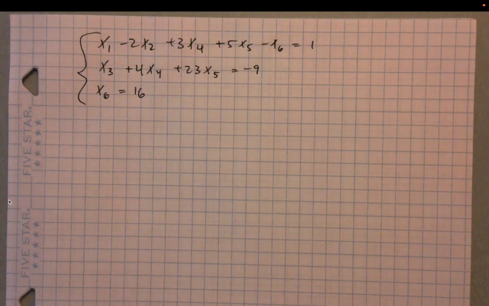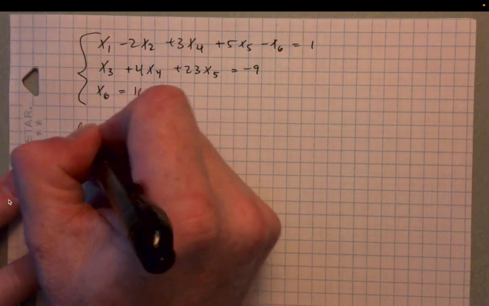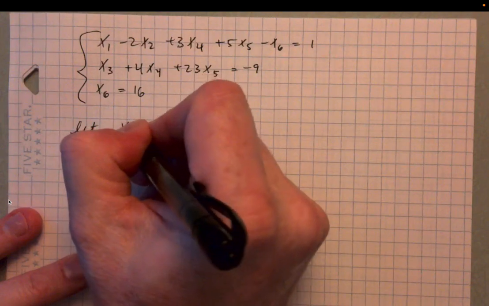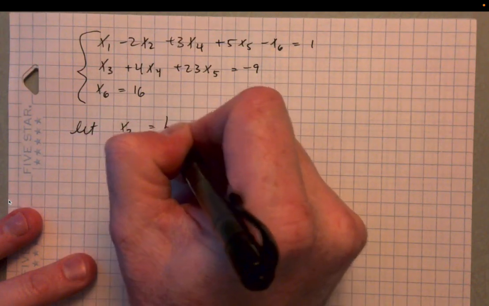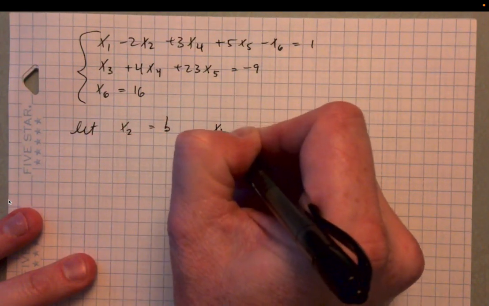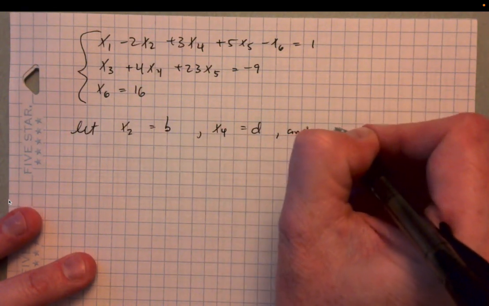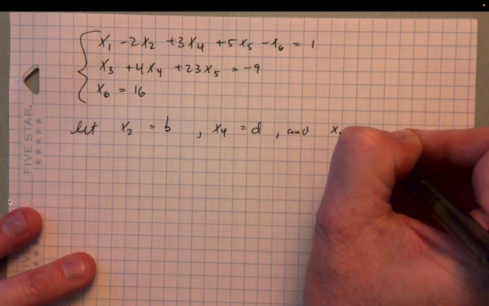Just to remind ourselves, the independent variables are x2, x4, and x5. So we're going to give those new names. Let x2 equal b, x4 equal d, and x5 equal e.